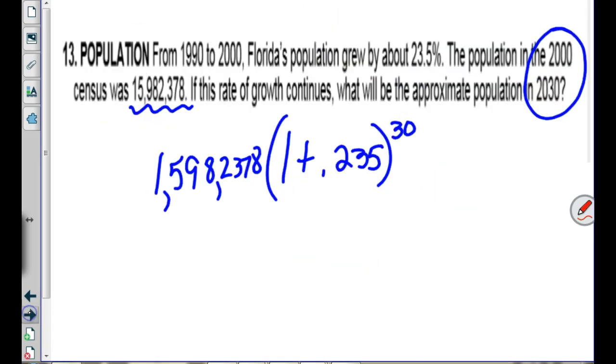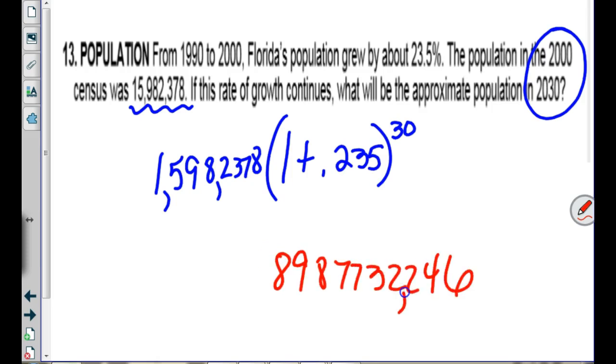All right, so the only other question I skipped was this horrible answer. If Florida grew by 23.5% every year, it would be up to almost 9 billion people by 2030.